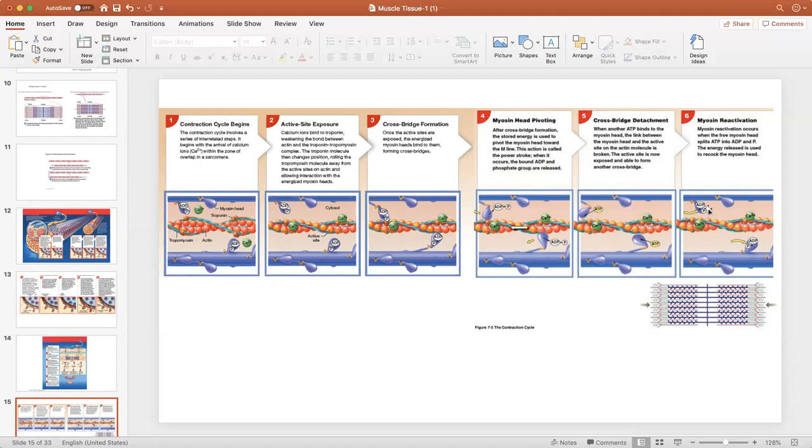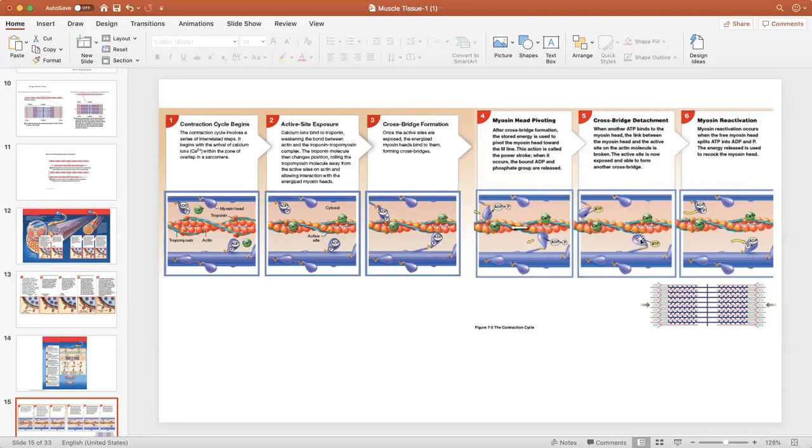And then the ATP is broken down into ADP again, and then it's allowed to have another power stroke, to form another cross bridge and pivot again if the active site is open. So if the active site is still open, it can form a cross bridge again and shorten and continue to shorten, but it needs ATP to release out of that power stroke.